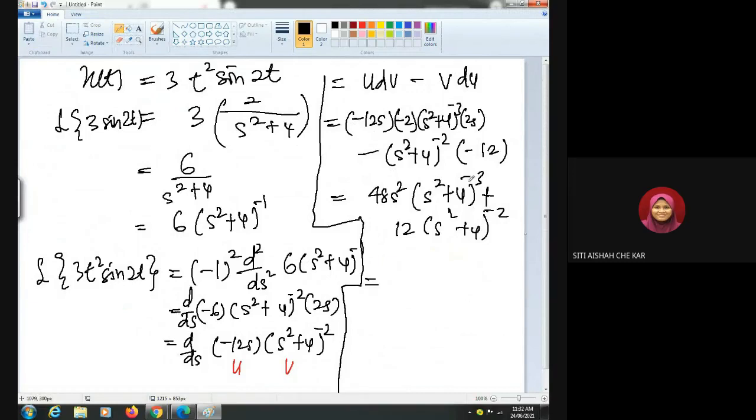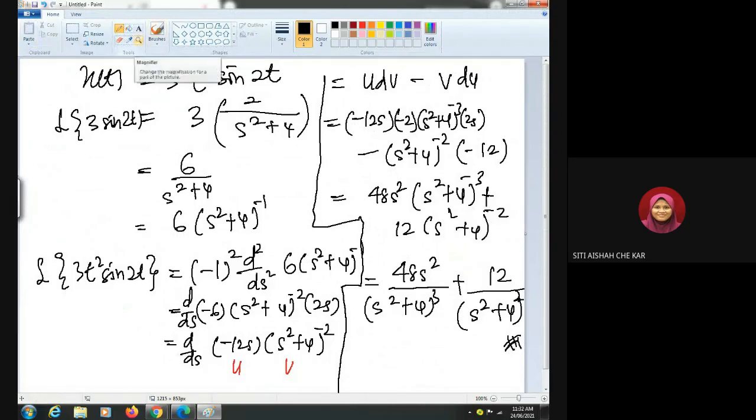Oh, betul lah. Dah betulkan tadi kan? So your final answer is 48 S square campur 12 S square plus 4 square. So this is your final answer. Okay? Okay, kita tengok nota sedikit.